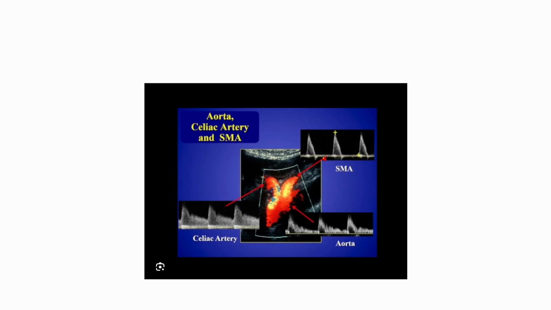Okay, so again, this is just a great picture to show you what a normal waveform of the aorta would look like, what a normal waveform of the celiac artery would look like, which is low resistance, and what a normal waveform of the SMA before eating, a fasting SMA, looks like: high resistance.